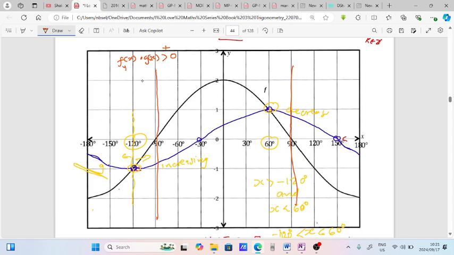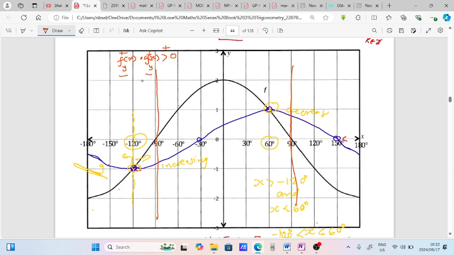Now what is this? This is the y value of f and the y value of g. When I multiply them, they must give me a positive. We can say positive times positive, or negative times negative. Now let's look at this interval.